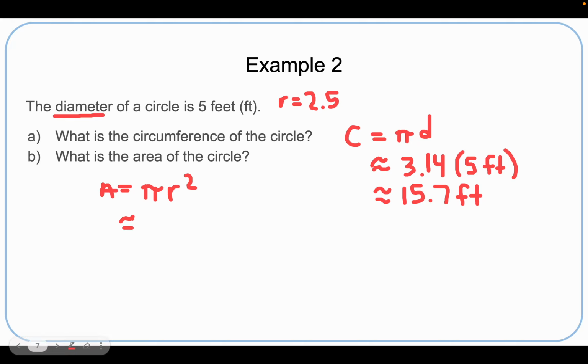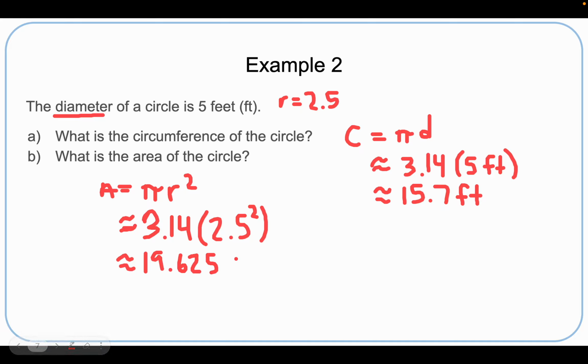And I'm going to do approximately equal to 3.14 times our radius, which is 2.5, and that is squared. So when we do the math on that, we end up with 19.625. And then our units are square feet.